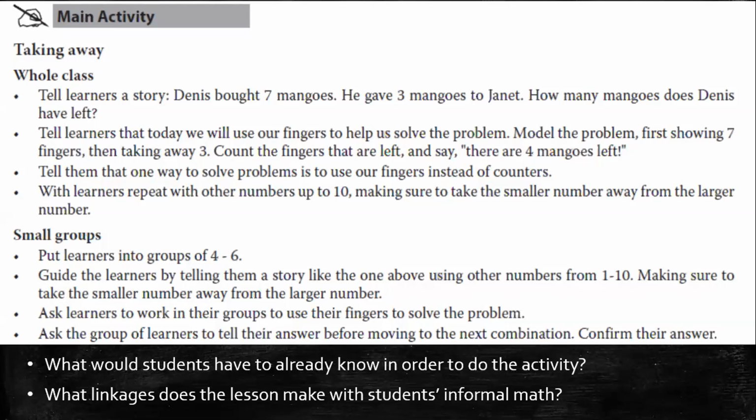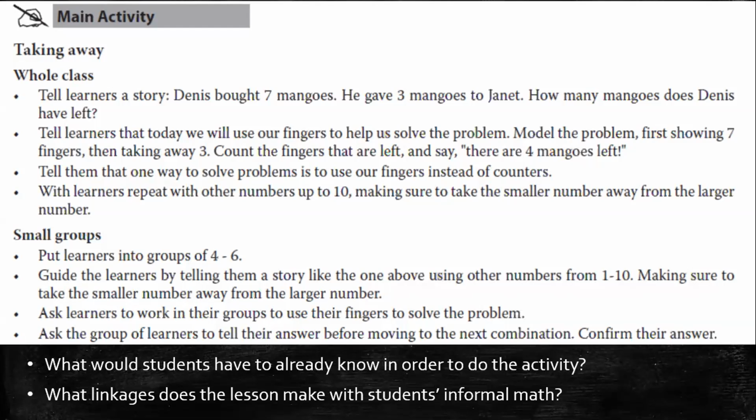It could be shopkeeping, or even, yeah, exactly, sharing. This isn't fair sharing here, but it is the idea that if you give some of whatever you have to somebody else, and of course mangoes, if it's a place where people eat a lot of mangoes, that will be building on their familiar context as well.